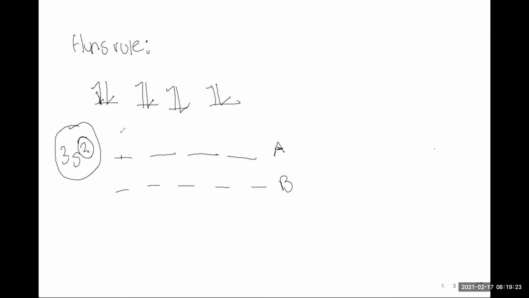A is filled out like this, and B is filled out like this. So according to Hund's rule, which way is correct to make sure the electrons are arranged the way they're supposed to be? Would it be A? So according to Hund's rule, what did we say about Hund's rule? Have to fill the orbital first.